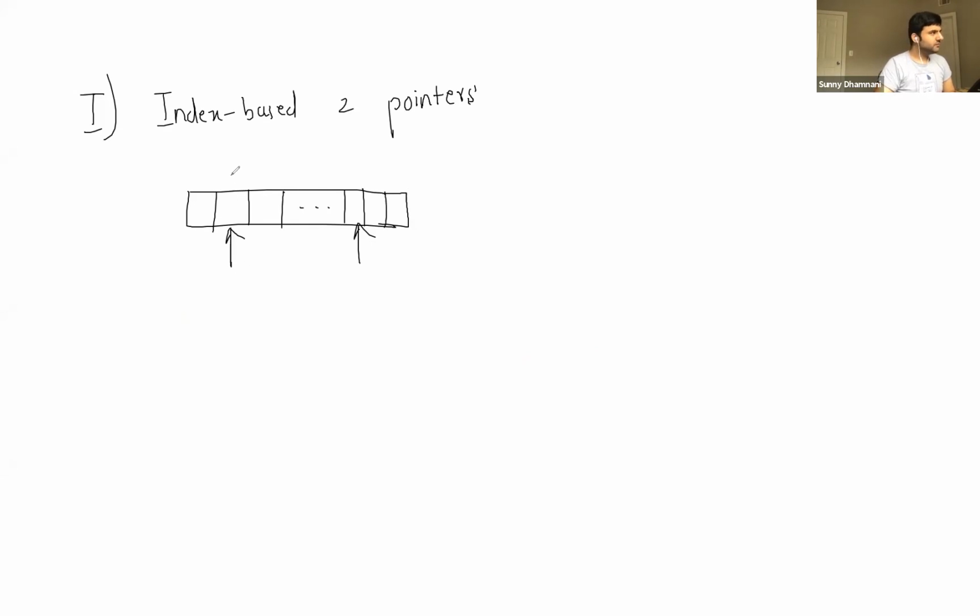Now, whenever I say index-based two pointers, that means whatever problem I'm solving will have a solution that is a function of these two indexes. I'll call them index 1 and index 2. Now the solution will be a function of index 1 and index 2.